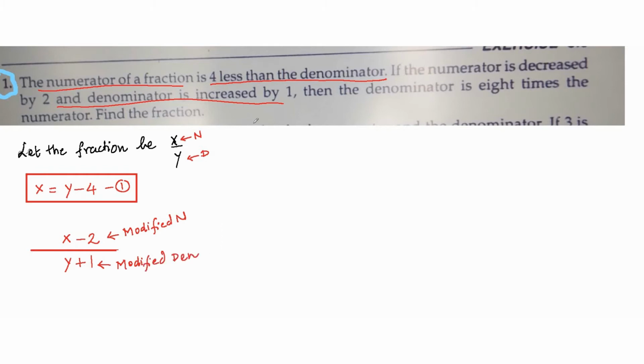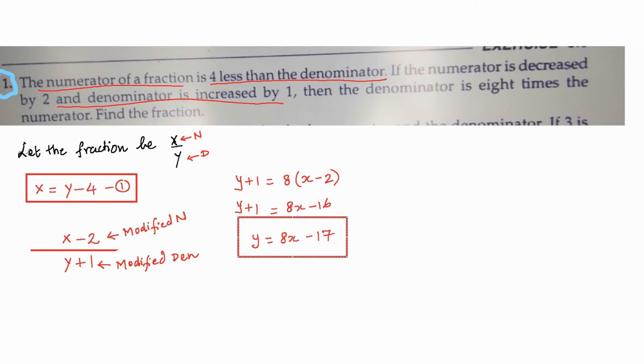So now it's given that the denominator is 8 times the numerator. So this becomes y plus 1 is 8x minus 16, which means y is 8x minus 17. This is my second equation now.